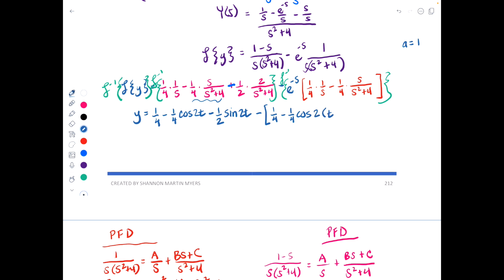Instead of t, we're going to put the t minus 1. All of that will be multiplied by our unit function at t minus 1. And then we are all done. That was a bear of a problem.